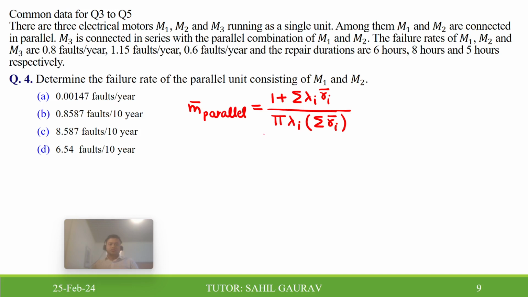So in this expression we have to be careful. We have to find it in terms of faults per year. So here lambda 1, that is the mean failure rate of the first motor, is given as 0.8 faults per year, and lambda 2 is given as 1.15 faults per year.